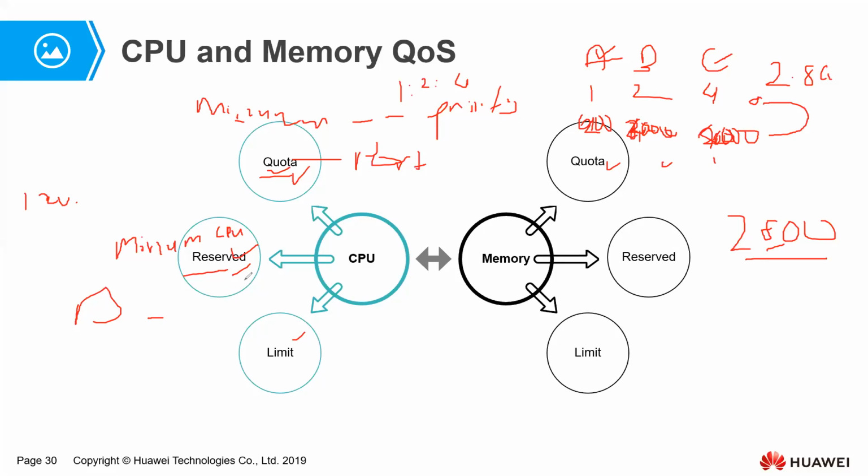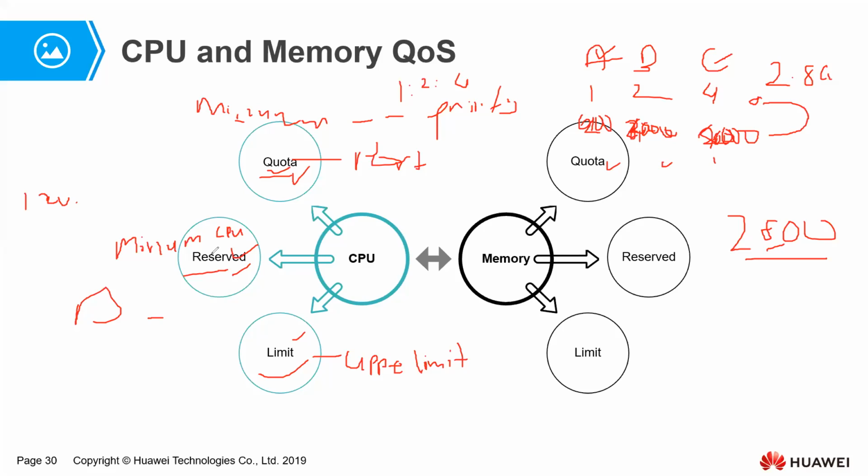Then let's look at limit. With limit, like you hear, you're limiting something. With CPU limit, it defines the upper limit, which you can think of as the maximum. With reservation, we are looking at the minimum resources that can be allocated to a given machine.